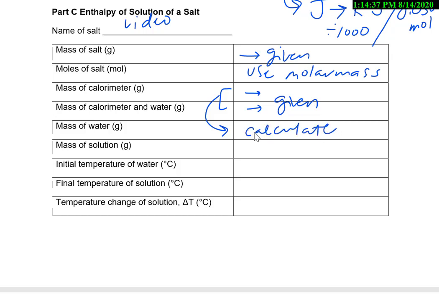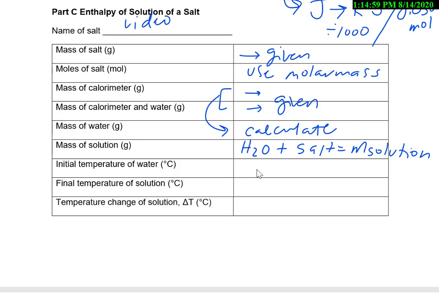Okay. Mass of solution is going to be the mass of water plus your salt, which you know both of these because here's your mass of water, here's your mass of salt. So you're going to add those two together to get your mass of solution, which is what you want to be using.